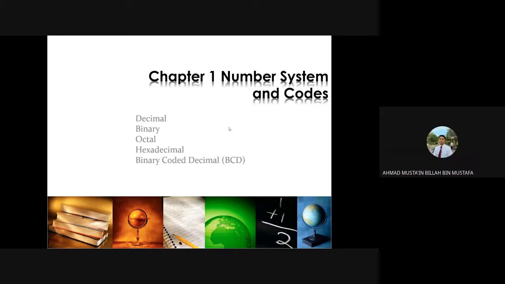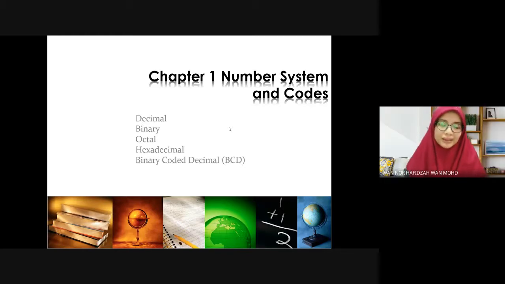It will be 1, right? For octal also 1. But for binary coded decimal, you should represent that number with 4-bit binary. So it's going to be 0001. That's what is special about binary coded decimal. Okay, no worries, we look at it one by one.